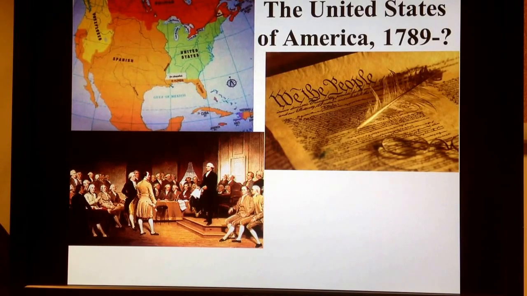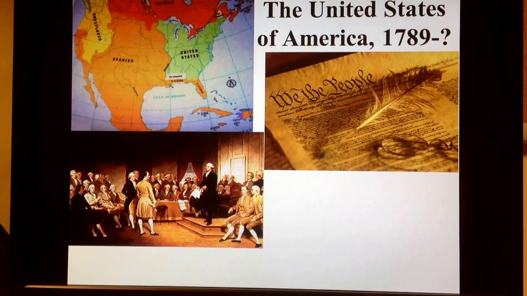1789 is when the first government was sworn in. So George Washington becomes the first president, the U.S. Senate is set up for the first time, the House of Representatives set up for the first time, the Supreme Court established here in the first year of the government.